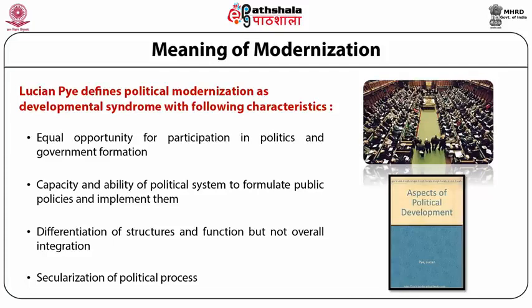To give one example, secularization would mean a separation of religion and politics. It means that religion is a matter of the personal sphere of the individual and must be excluded from politics. In other words, political decisions must not be influenced by religion or religious principles. Political decisions must be taken freely without any bias or prejudice.